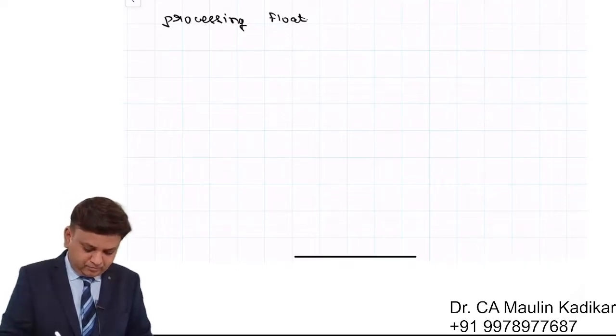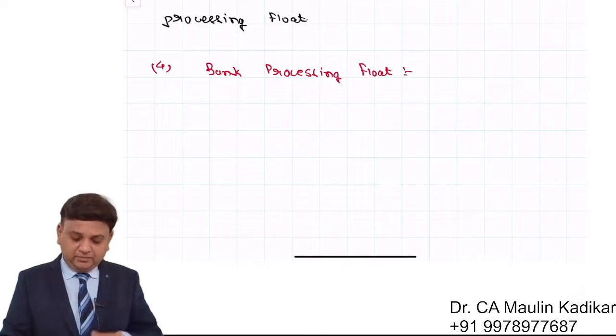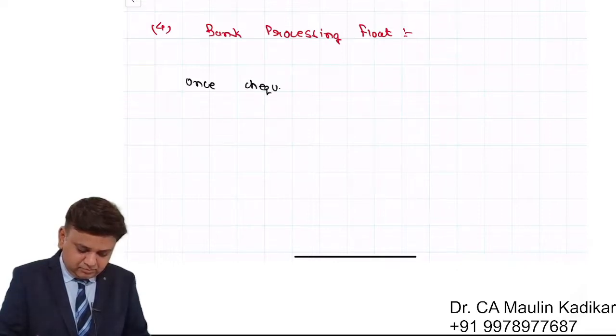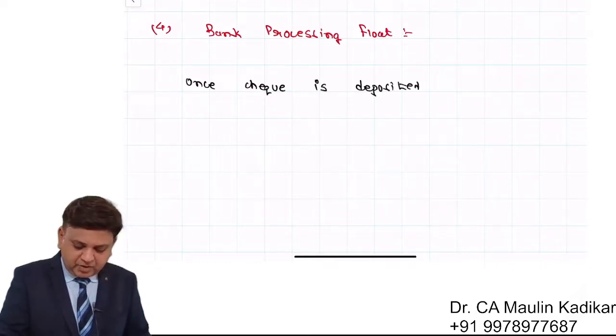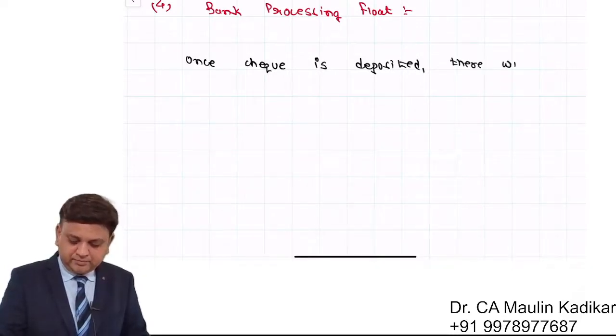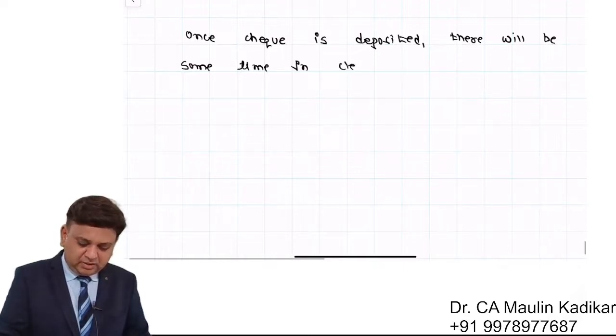Fourth, bank processing float. In that write down, once check is deposited, comma, there will be some time in clearance.